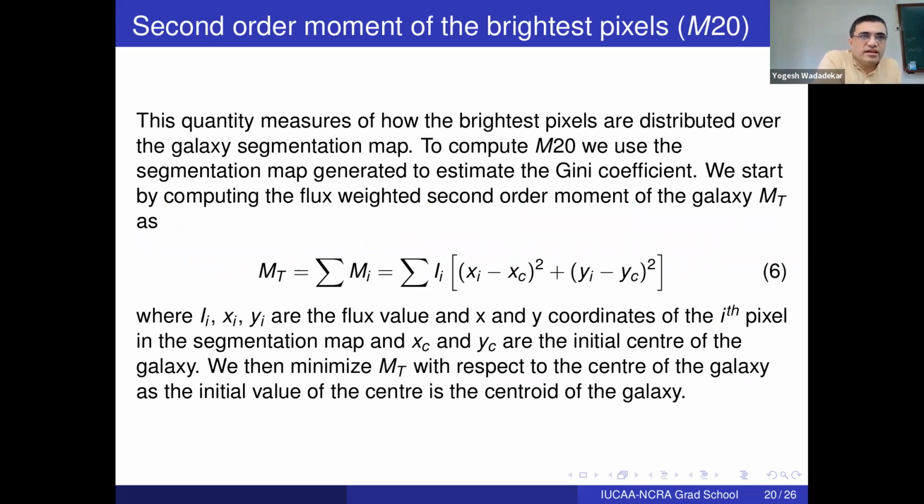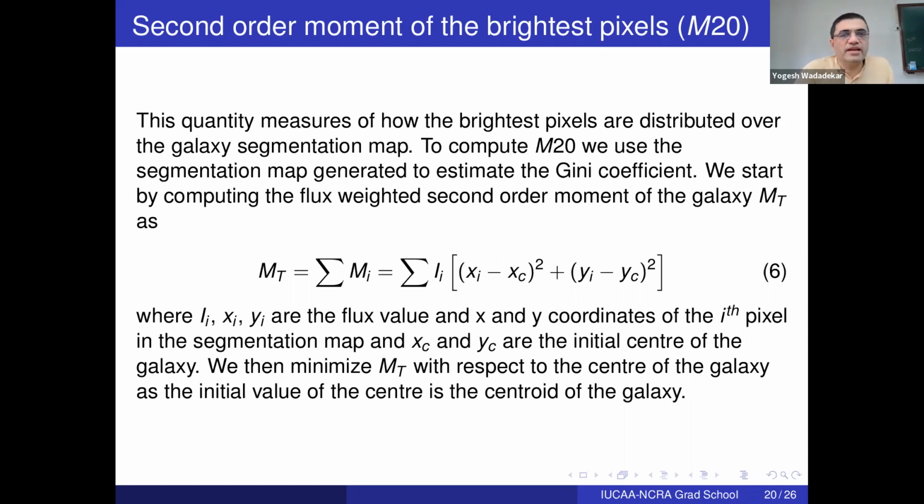Okay, so there is the last parameter that we look at. These are now called GM parameters, Gini and M20. It's the second order moment of the brightest pixels. This quantity measures how the brightest pixels are distributed over the galaxy segmentation map. We use the same segmentation map that was used to measure the Gini coefficient. And we start by computing the flux-weighted second order moment of the galaxy, which is defined here.